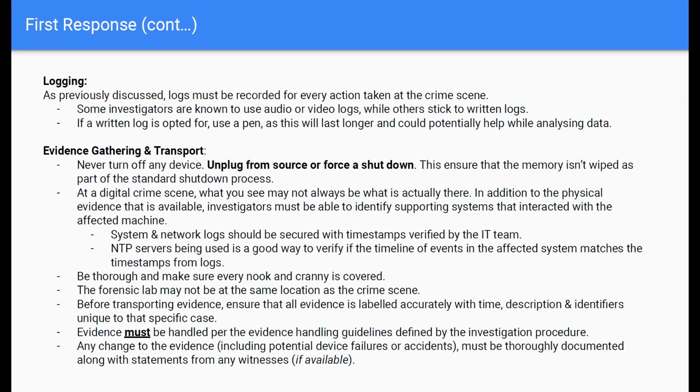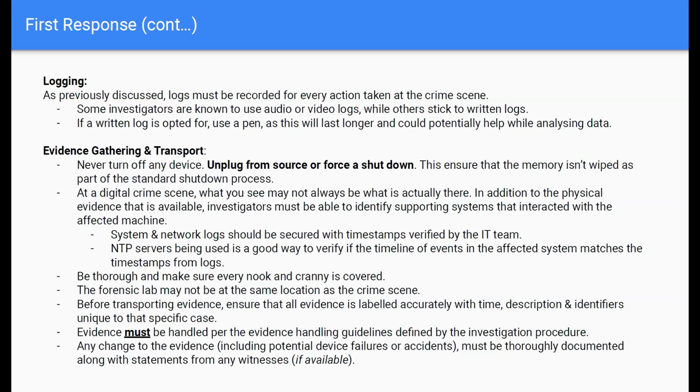This also makes sure that when you collect and gather evidence, you don't accidentally store it in some other place where it doesn't belong. If it does accidentally get misplaced, again, you can look at the identifier, and you know exactly which case this specific piece of evidence belongs to.